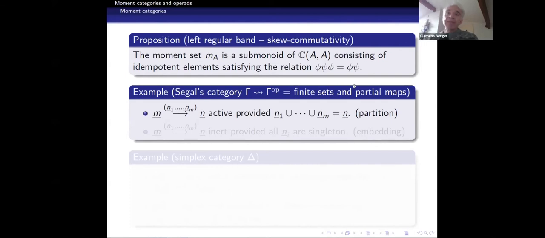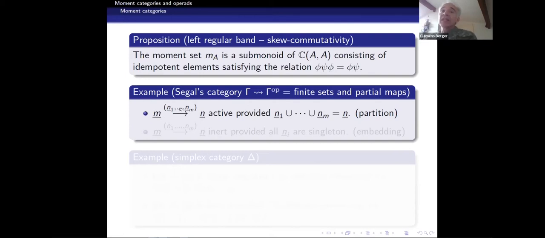So an arrow from a set with m elements to a set with n elements is given by a partition, that is, by subsets of the target which are mutually disjoint and indexed by the elements of the source.